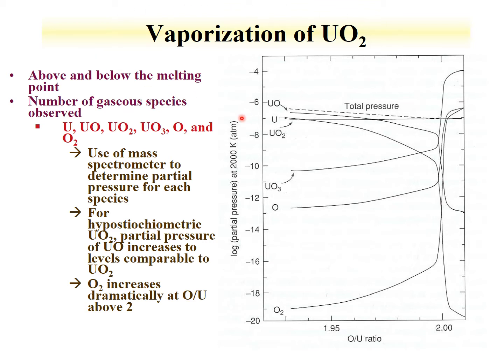And here's an example of partial pressure of different products from UO2. So the oxygen dioxide, the oxygen itself, UO3, UO2, uranium, and UO, as a function of the oxygen to uranium ratio. And as again we see, as we hit 2.00, we see this inflection.